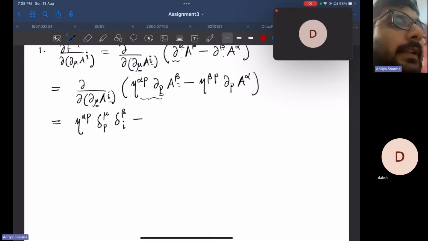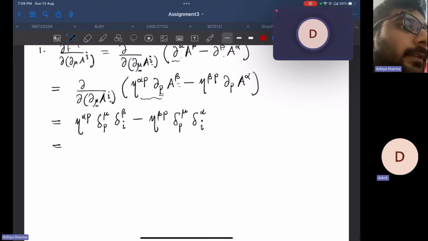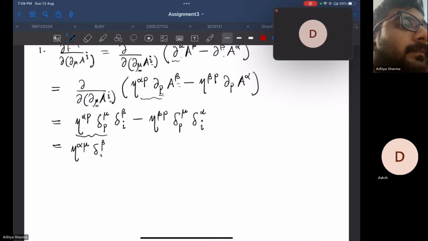Similarly, this part, your p is equal to mu and i is equal to alpha. So now with the Kronecker delta p mu, this can be contracted and written like this. This can also be contracted and written like this.